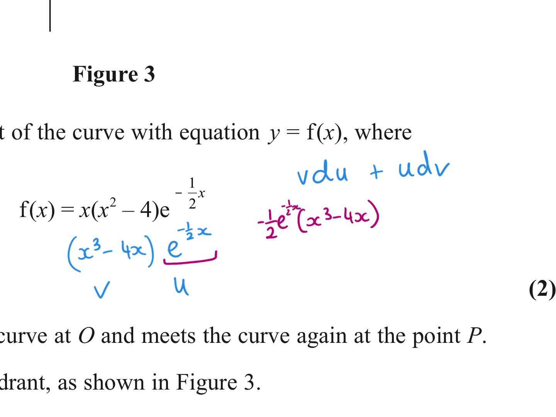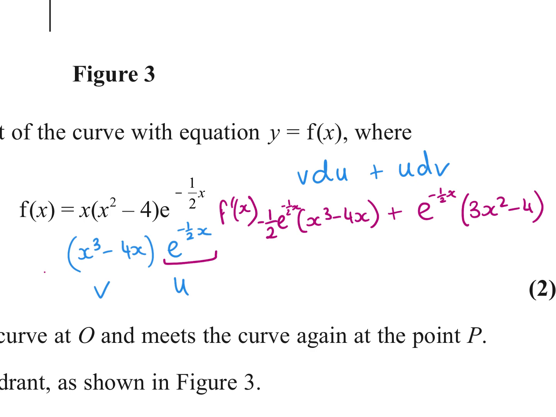Okay, and then u dv is plus e to the minus a half x, multiplied by the differential of v. If I differentiate this, I get 3x squared minus 4. Okay, so this is f dash of x. So that was a nice easy 2 marks. Perfect.